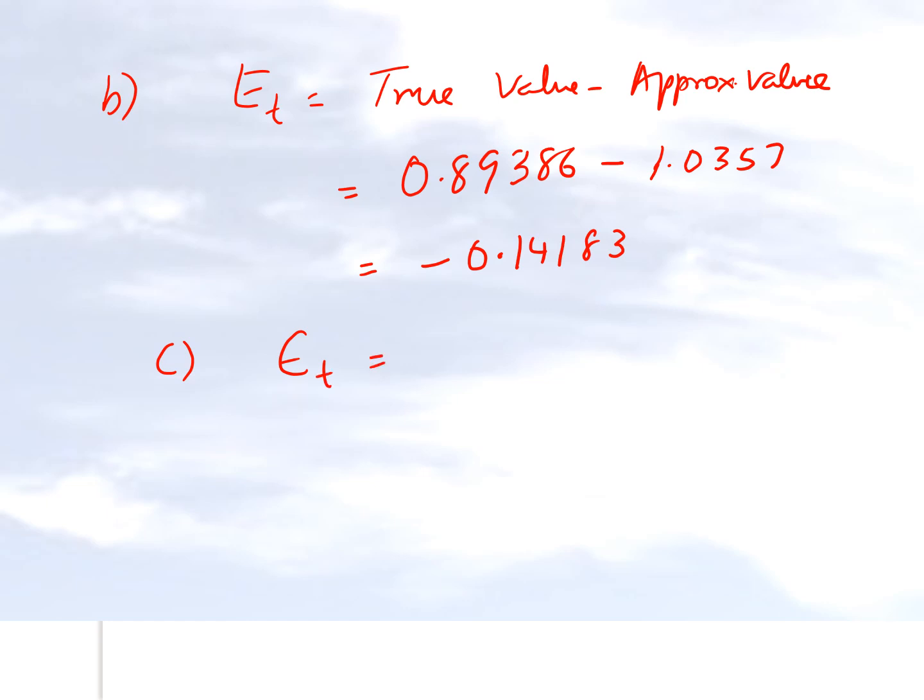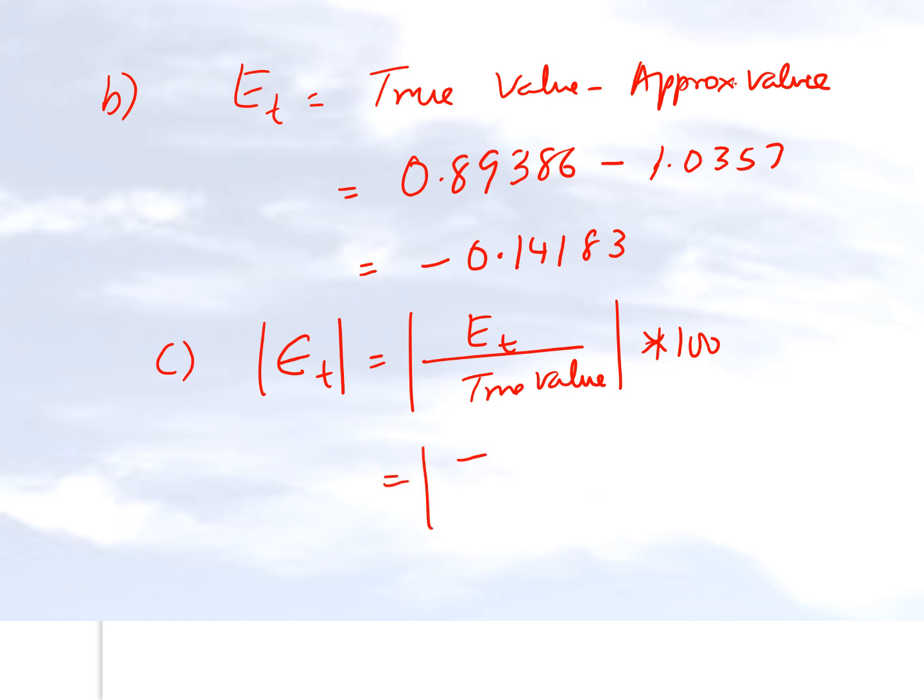Now what is the relative true error? The relative true error will be the true error divided by the true value, and if we calculate the absolute relative true error, then it is going to be the absolute value of this. If we're going to calculate it as a percentage, then we multiply by 100.